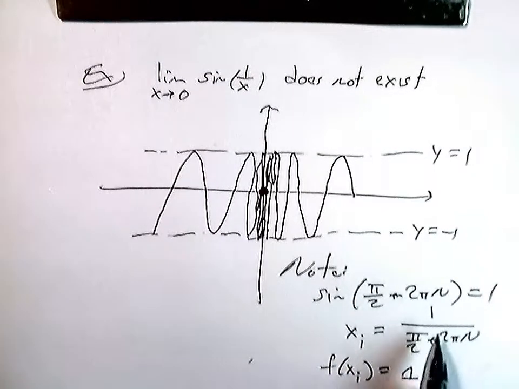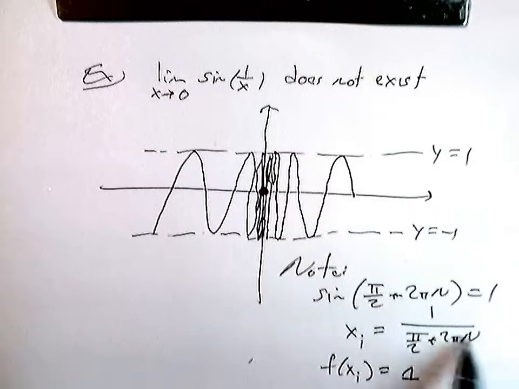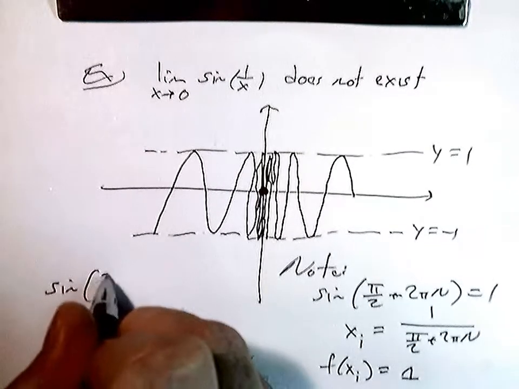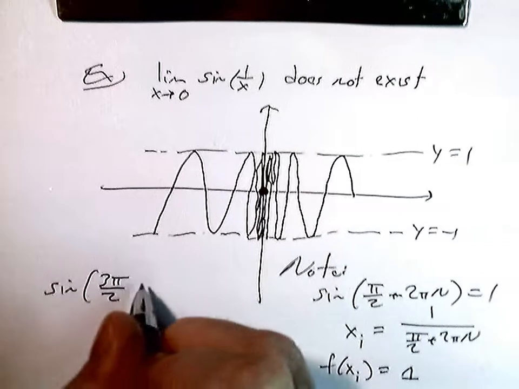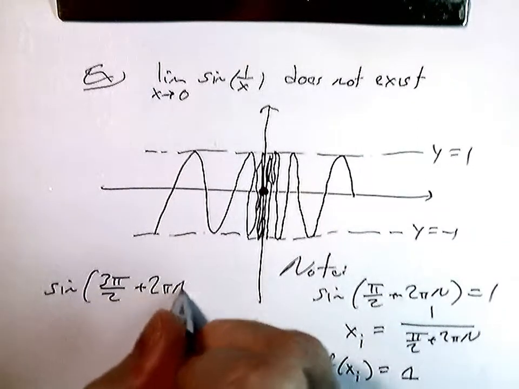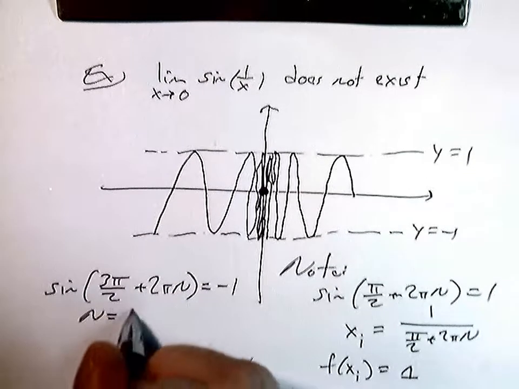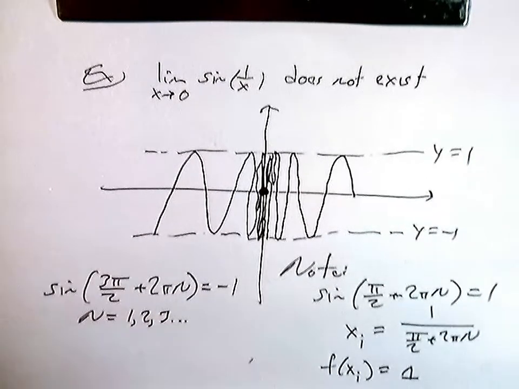But what's going on here is that I can make my x sub n arbitrarily small by requiring n large enough. And also, I can note that the sine of 3 pi over 2 plus 2 pi n is going to be negative 1, for n being 1, 2, 3.